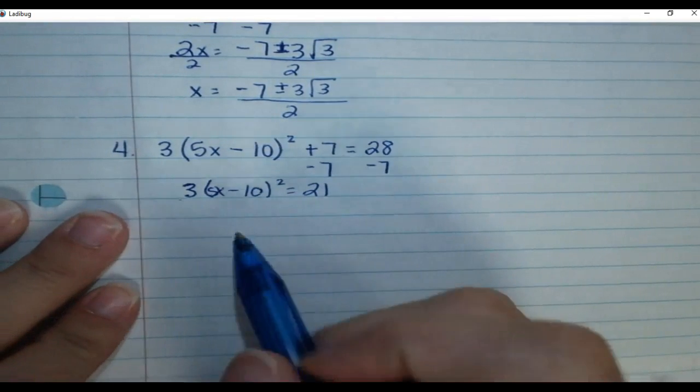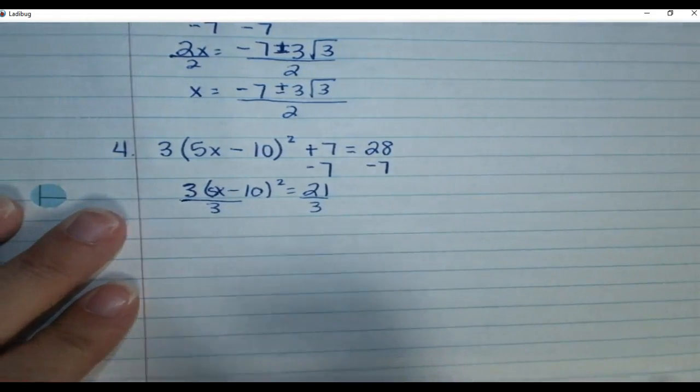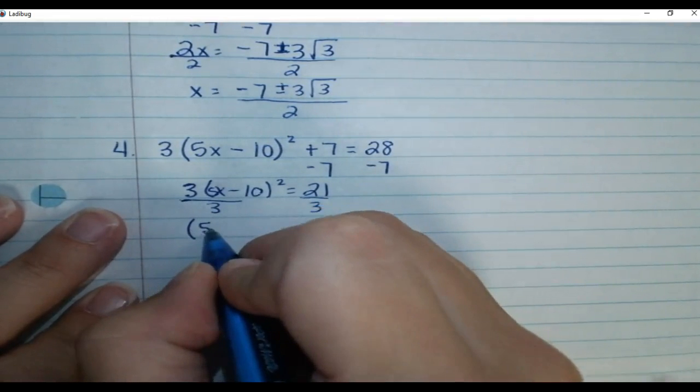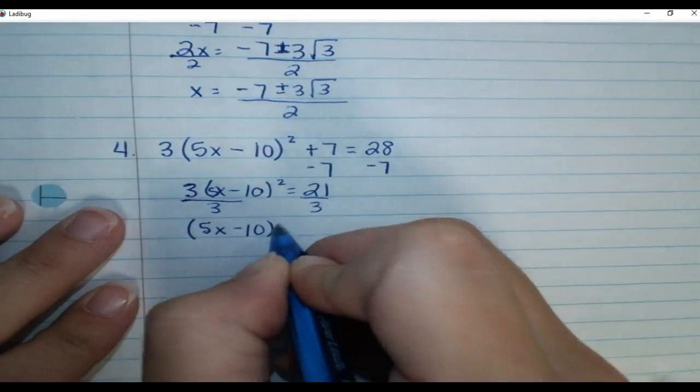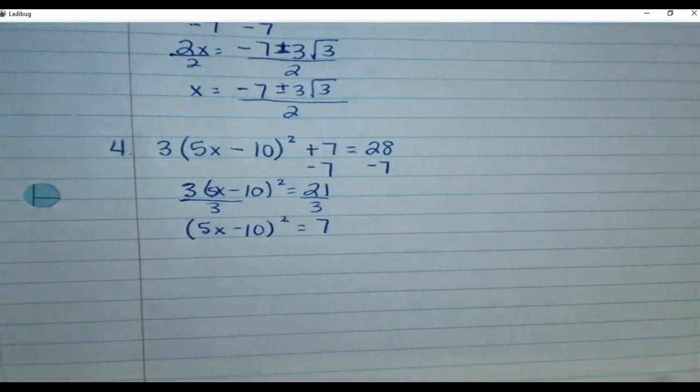So then we have to get rid of that 3, so divide by 3. So (5x minus 10) squared equals 7. Questions?